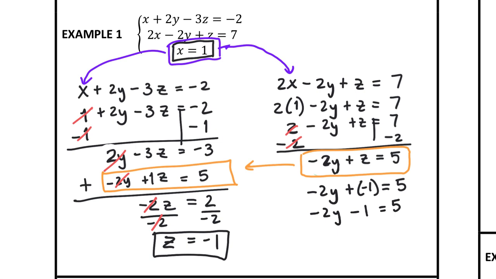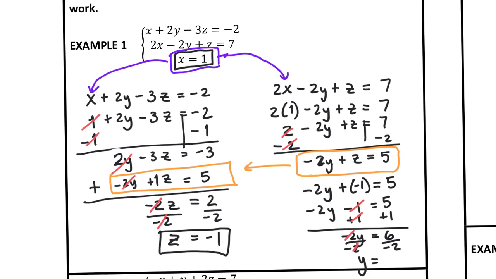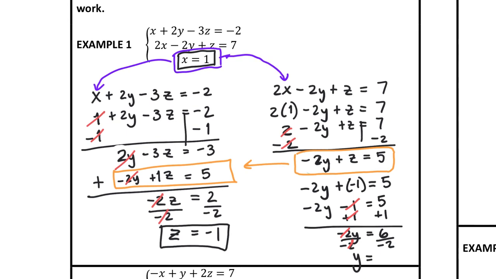Yeah. Can I solve for y? Plus 1, plus 1. These ones are going to cancel. I get negative 2y equals 6. Divide both sides by negative 2. And the negative 2's are going to cancel. And so y equals negative 3.